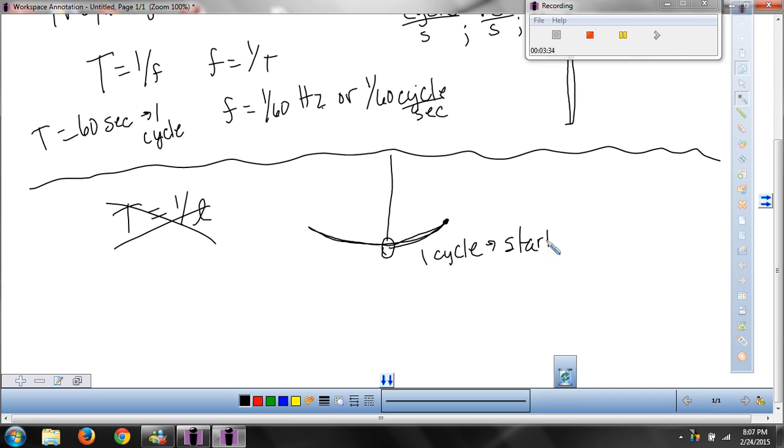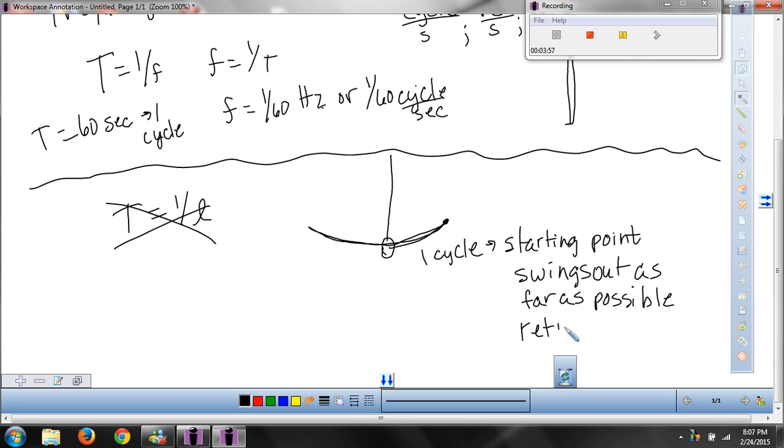Starting point, then it swings out as far as possible, and then it returns to the starting point. That is one complete cycle.